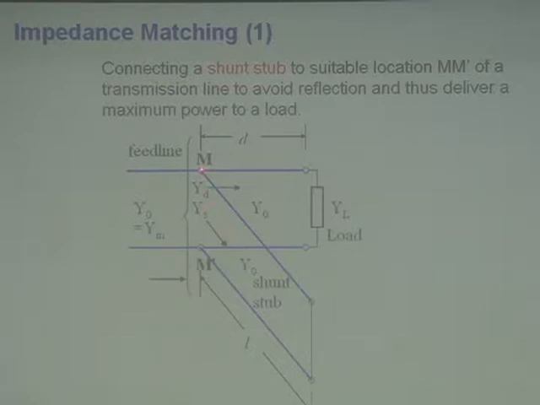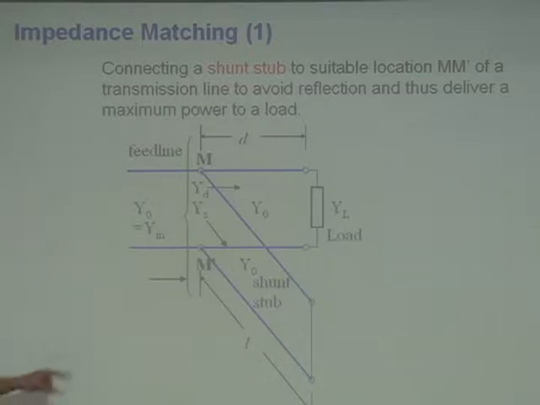But the purpose is that you pick up a point. Okay, and then connect a transmission line with some impedance looking into, or with some admittance looking into this direction. And you want the signal coming to this point and suffer no reflection from this point. So the impedance or admittance at this point has to be the same as the characteristic impedance or characteristic admittance.